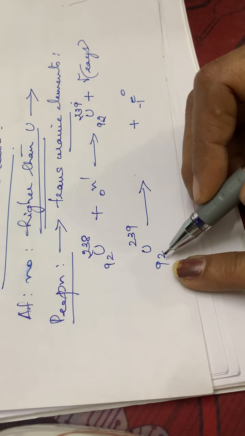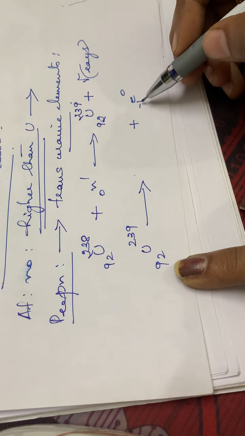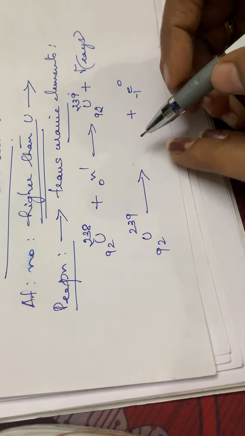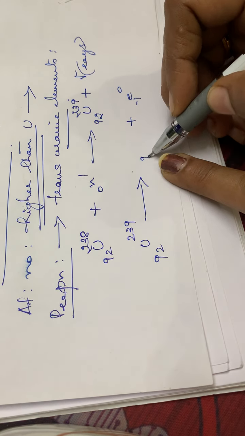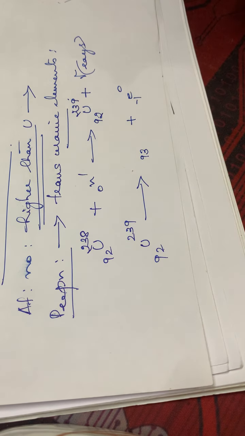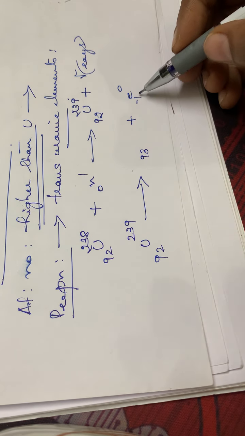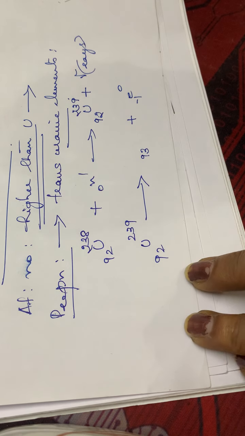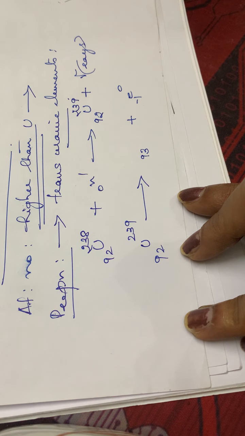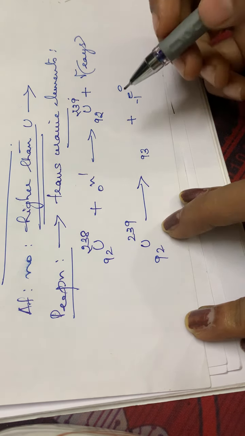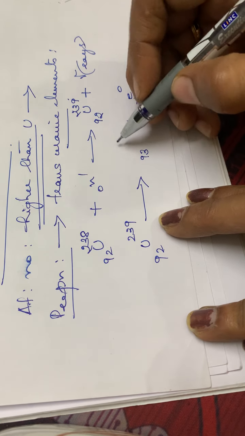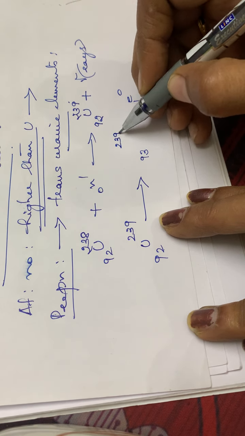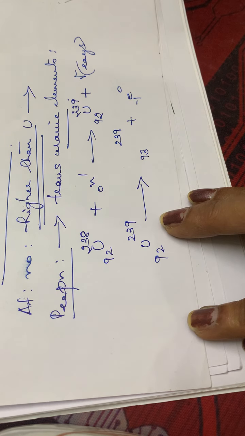What about the atomic number? 92, here it is minus 1, isn't it? So the formed compound will have an atomic number of 93, since 93 minus 1 is 92. Then what about the mass number of the formed compound? It will remain the same, 239, here it is 0. So the formed compound will have a mass number of 239.